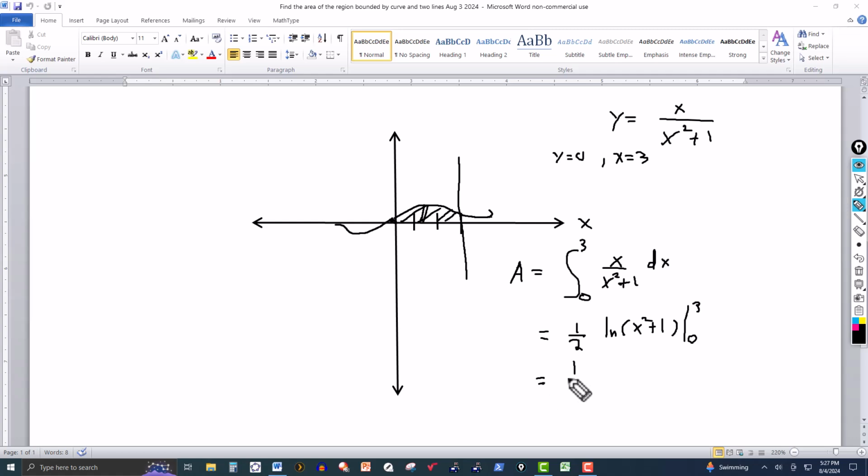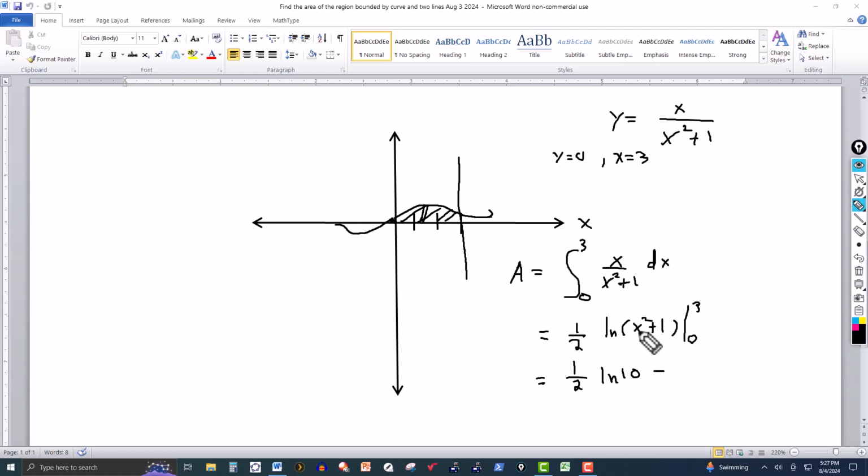So it's going to be 1/2. Put a 3 here. 3 squared is 9, plus 1 is 10. So this will be natural log of 10. And then evaluate it at 0. So it's minus: first we evaluated at 3, we get this, and then we have minus the value of this expression at 0.